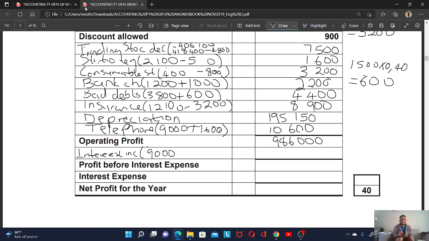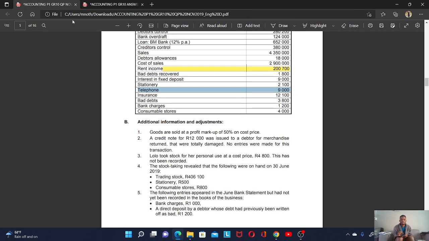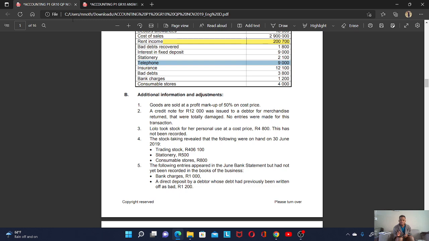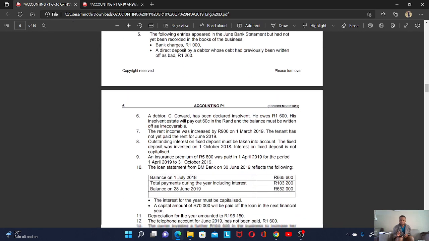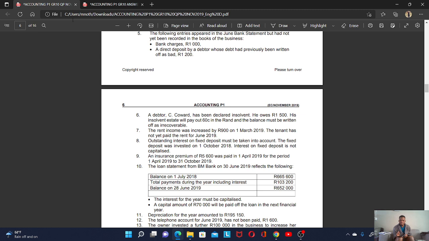Let's go again and check. What are the adjustments saying about the interest on fixed deposits? Outstanding interest on fixed deposits must be taken into account. The fixed deposit was invested on 1 October 2018. Interest on fixed deposit is not capitalized.